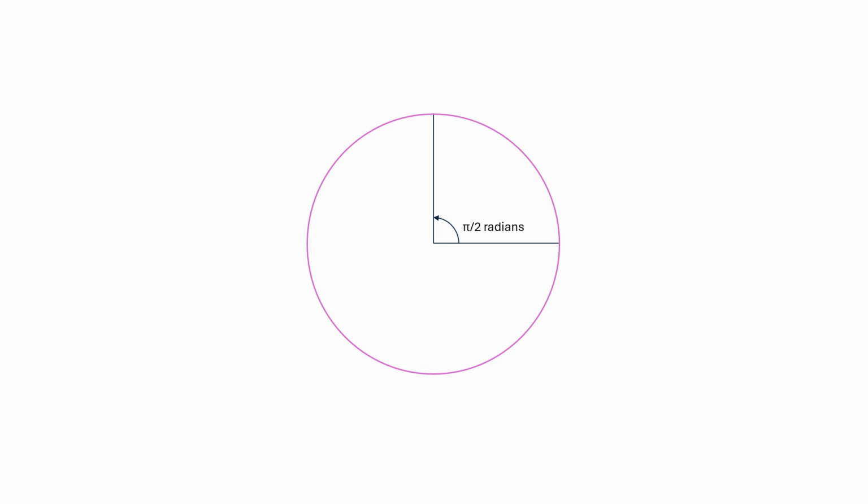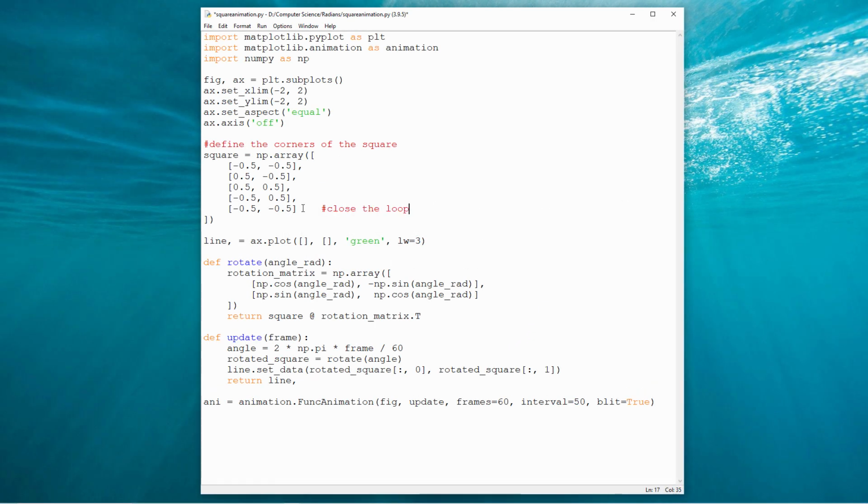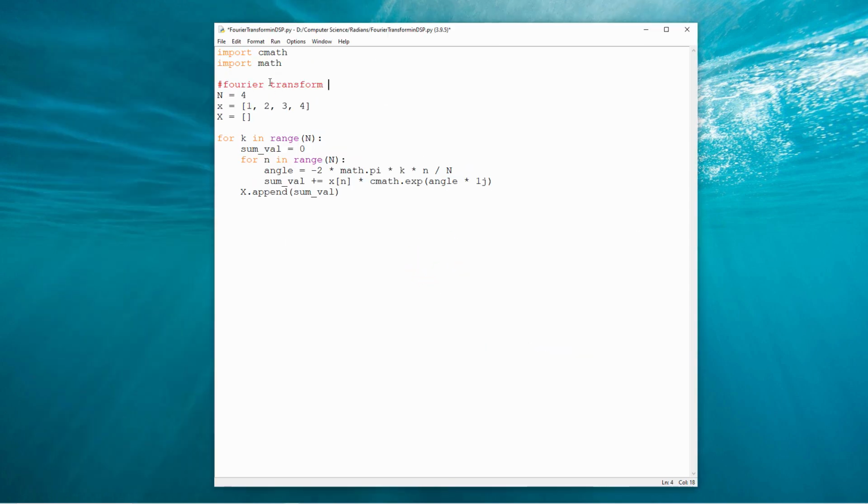It's tempting to convert these angles back into degrees, and perhaps that may be comforting for a while, but when you're using radians on a regular basis, you may find that there's just no need. Radians are fundamental when it comes to trigonometry and calculus, because they do indeed make calculations so much easier.